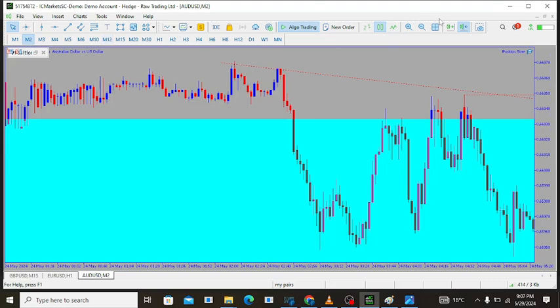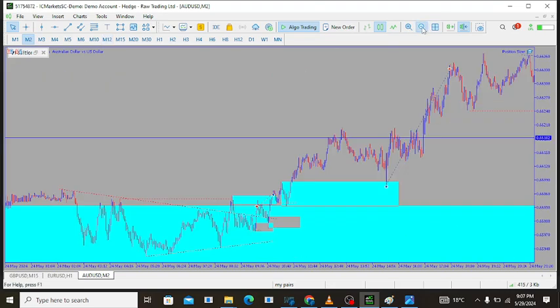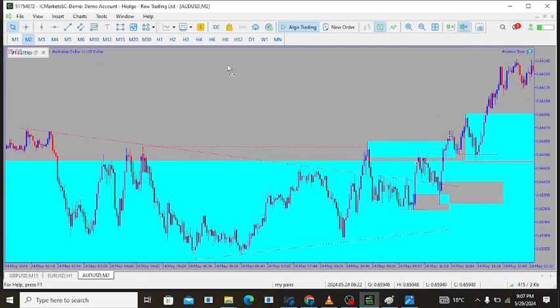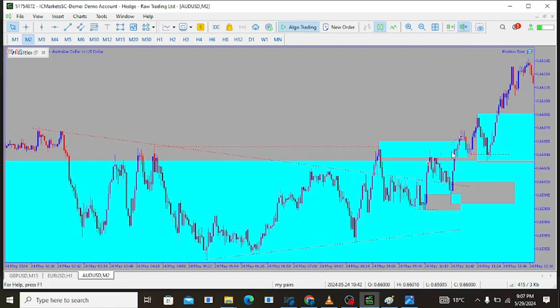Okay, let's go to M2. Sweeping this high. What I do, I want to sell because I see the liquidity below and the liquidity above. Then the price, I expect it will drop. But my high time frame price is bullish.